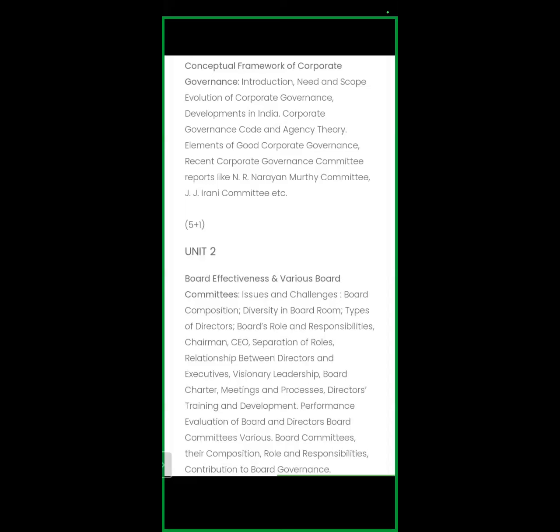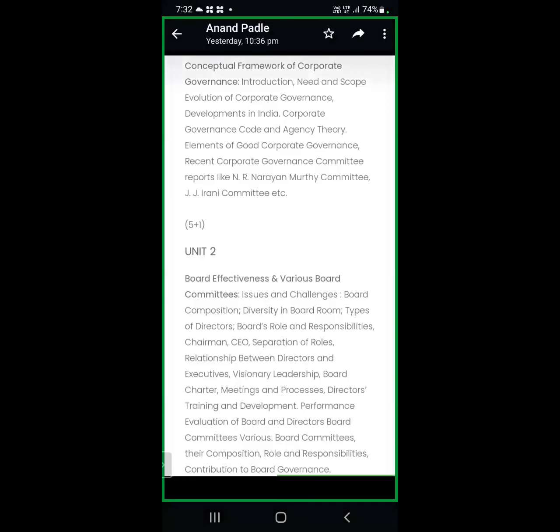These principles are considered as guidelines that every company has to follow to prepare the rules and regulations for its smooth functioning. And these rules and regulations should be based on these common guiding principles of corporate governance that we are going to discuss. So that was related to the syllabus of corporate governance.